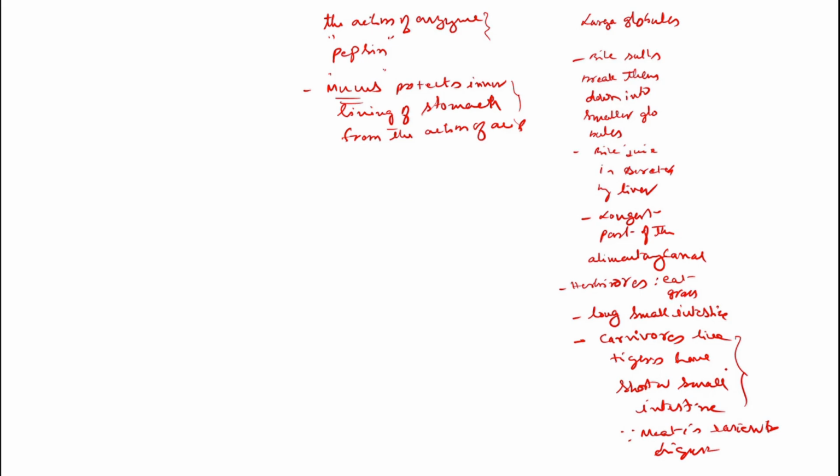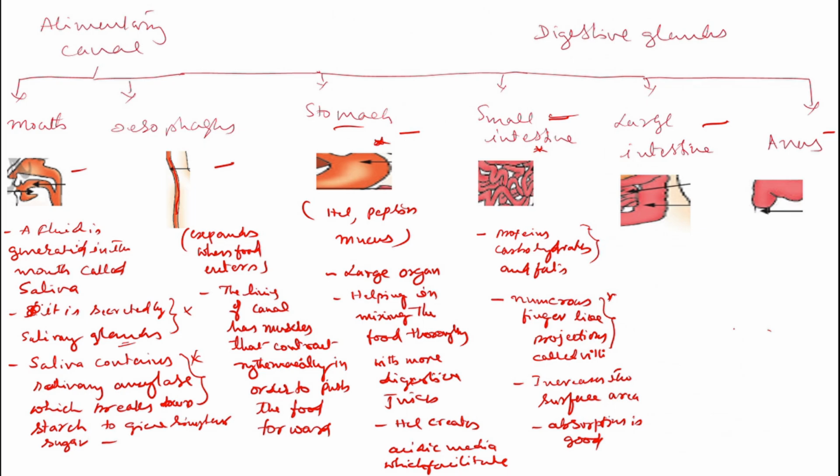So next we will see the large intestine. So in the large intestine, unabsorbed food from the small intestine will be sent to the large intestine.